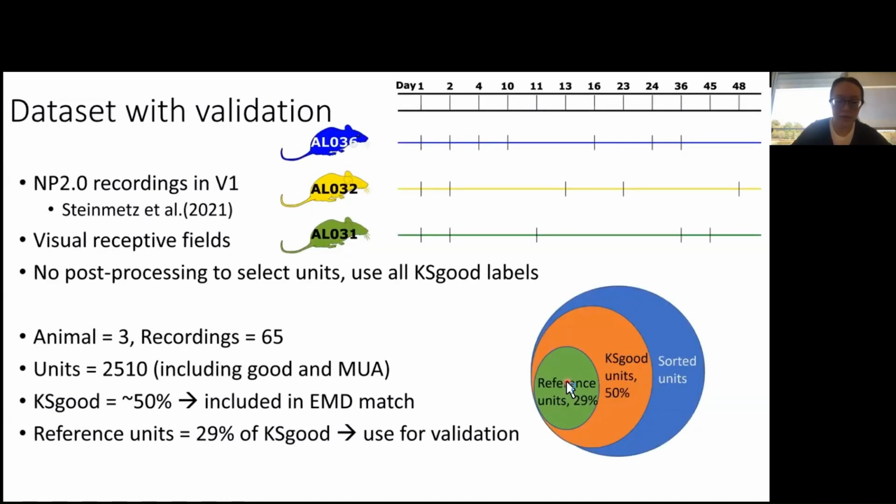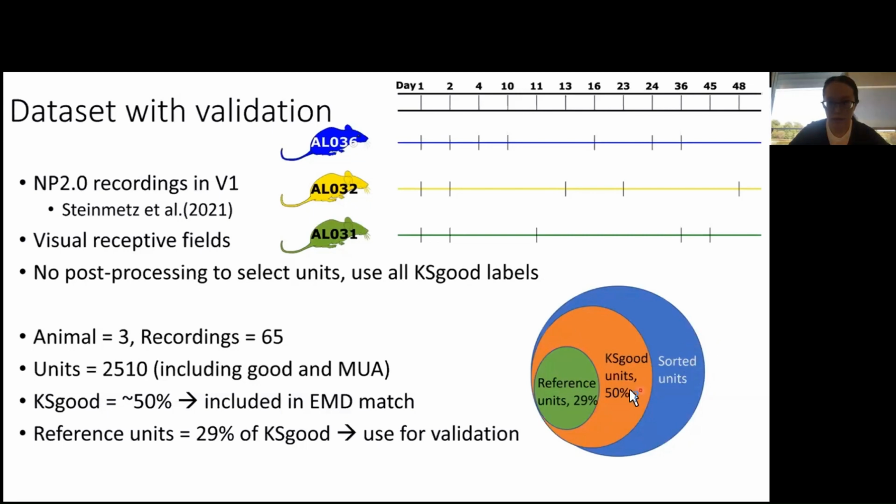To test the performance of our method, we use the same data set from the Steinmetz 2021 paper, which Anna just talked about. The visual fingerprints are used to establish correct matches between data sets. To reduce uncertainty in curation, we included all the units labeled as good by Kilosort and conducted no post-processing steps in unit selection.